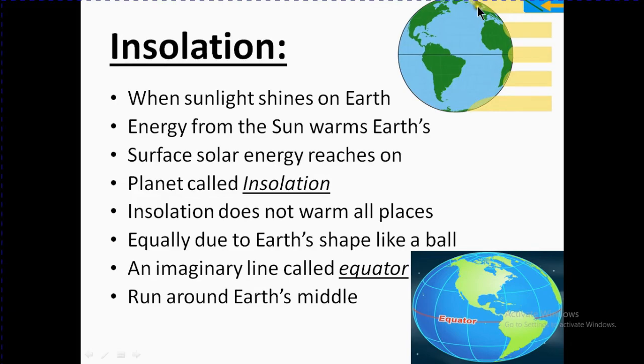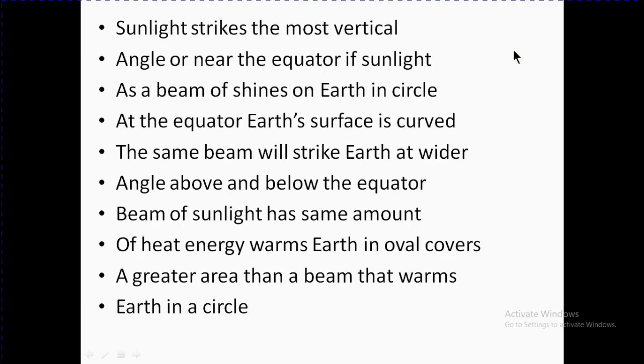So here the area is more, which means it will strike the Earth's surface more, and it gives more energy here as compared to this part of the Earth. The greater the area, the more energy it will give.